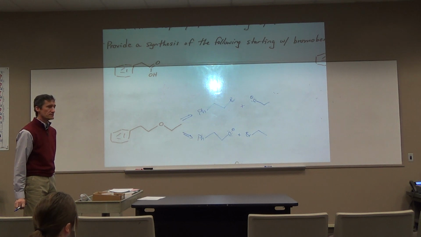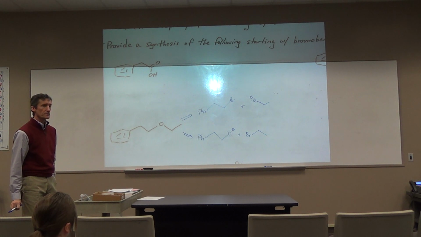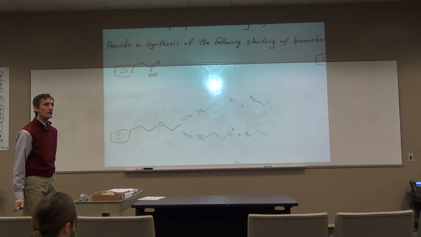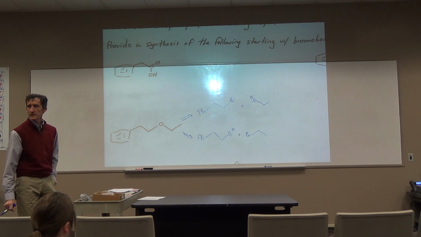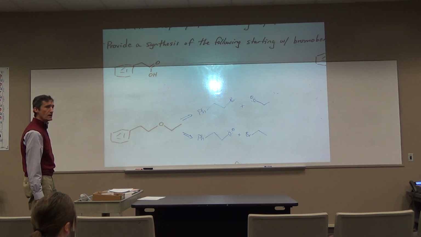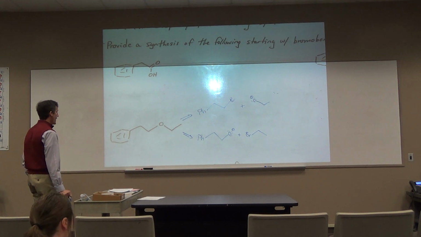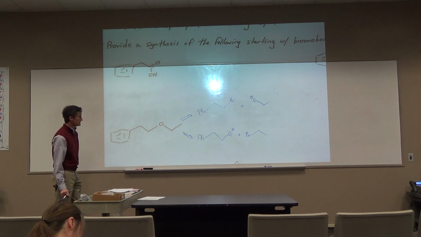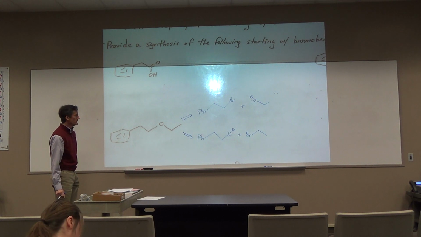Why is the bottom best? No, there's no resonance with the oxygen. They're equally as good. The halide is on primary carbon in both examples. Right? You can do either one.